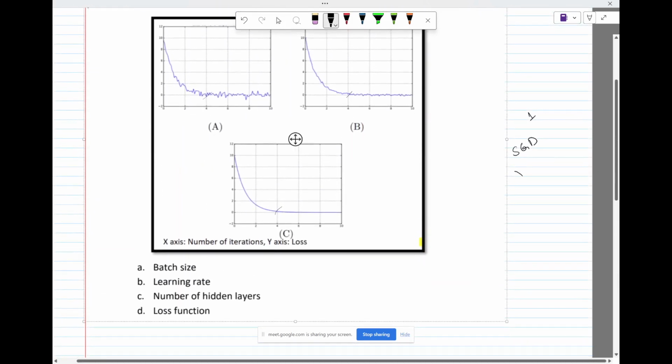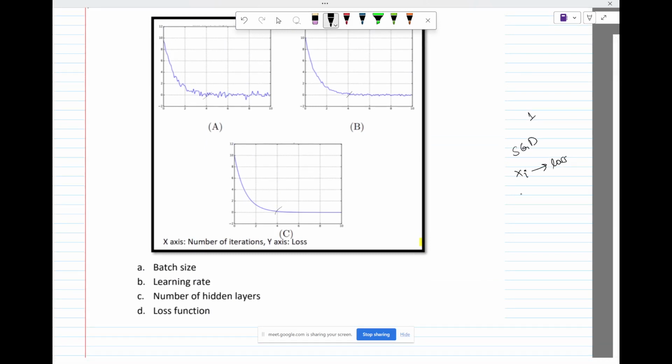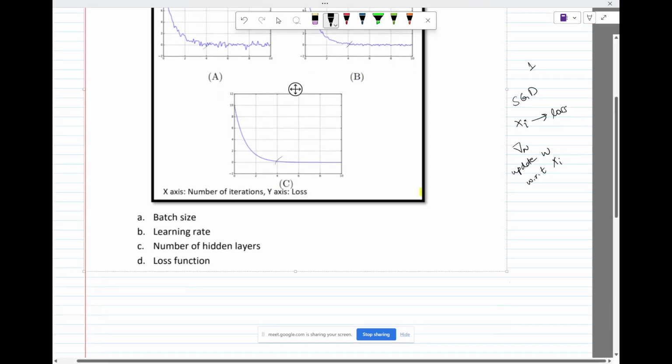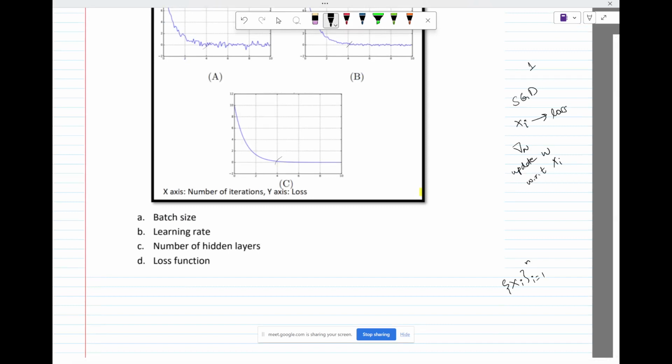Like for each sample xi, you only look at the loss for this sample, you find the gradient with respect to this sample, and you update your parameter with respect to xi. So as you keep doing it for each of the sample, it may not be in accordance with the whole training set, which has some n samples.